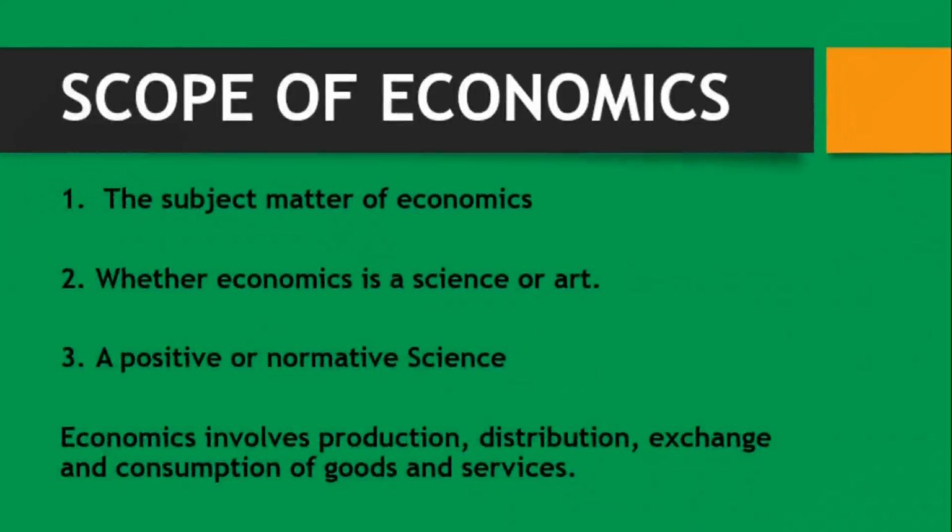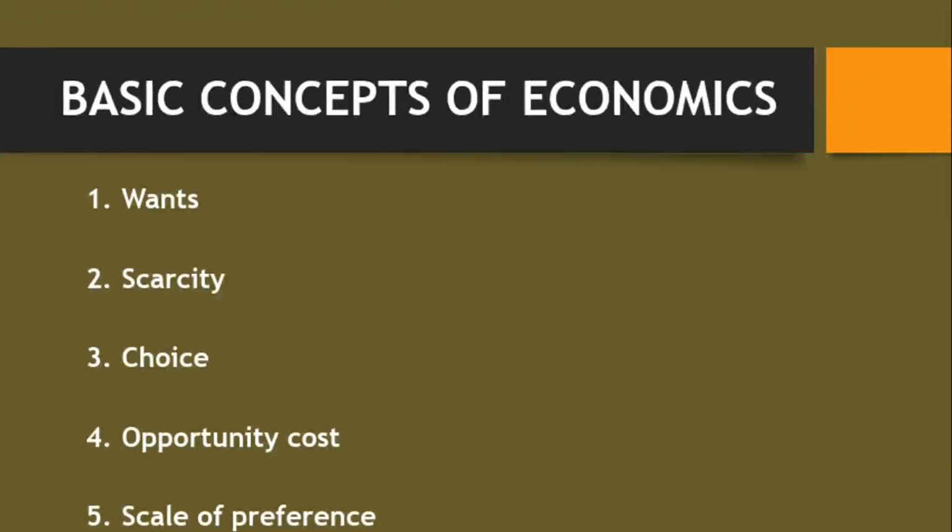Then, whether it is a positive or normative science. We are going to see this in the course of this lesson. So, the scope of economics involves production, distribution, exchange, and consumption of goods and services.